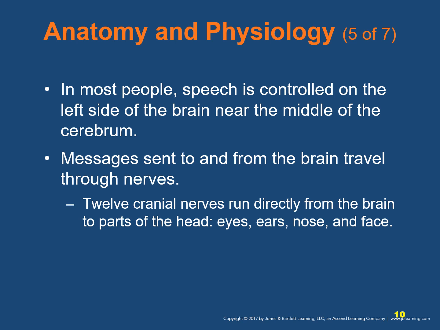Messages sent to and from the brain travel through nerves. There are 12 cranial nerves that run directly from the brain to different parts of the head. Four of them are the nerves that control the eyes, ears, nose, and face.